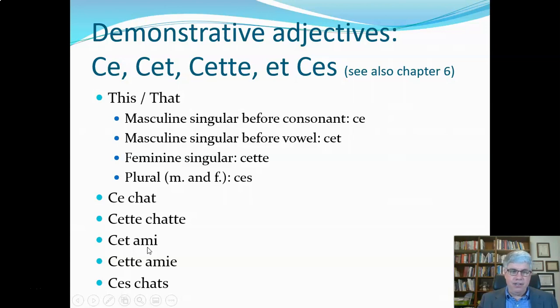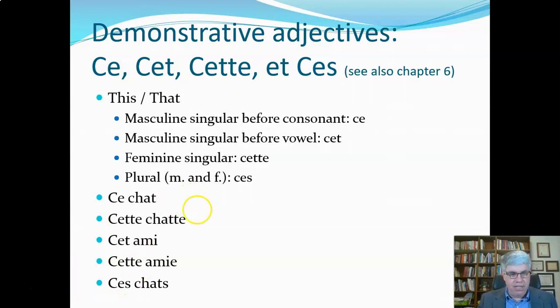Now this is interesting. It's kind of like a and an in English. You say a pear, but an apple. You put the an in front of a vowel because it sounds better. You don't say a apple.